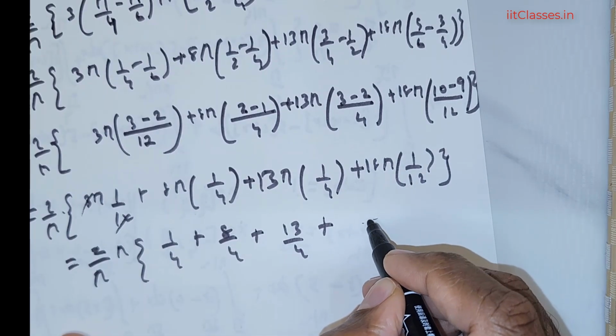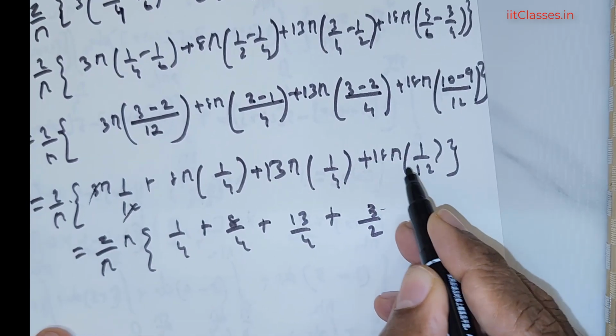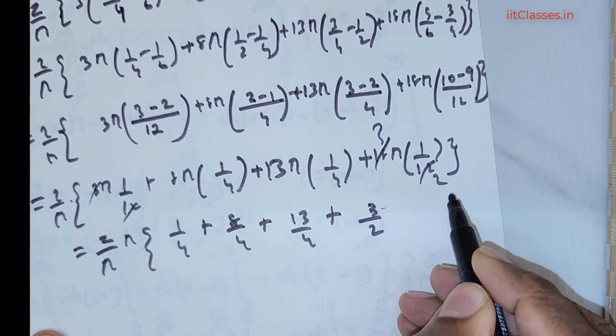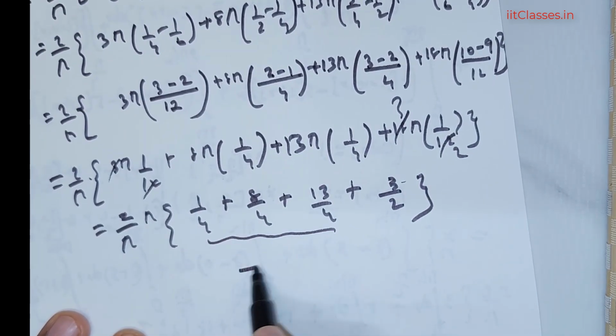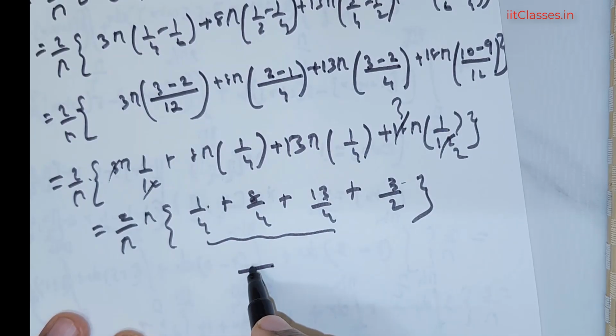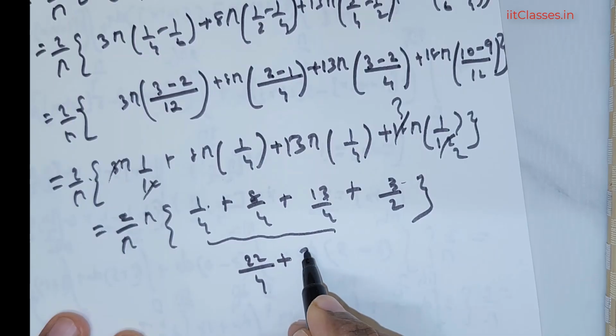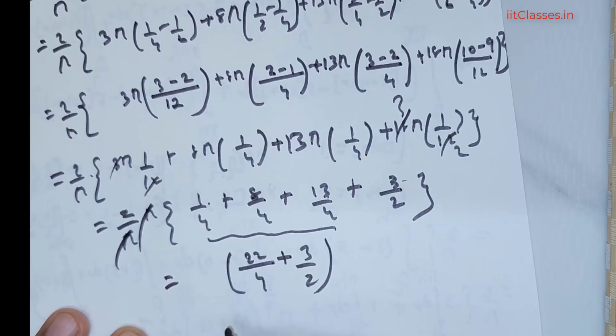Okay, so that would mean 3 over 2. 6, I'm using 6. 6 3s are 18, 6 2s are 12. Of course, for all these things, 4 is the LCM. So 8, 9, and that's 22. Positive 3 over 2. Pi gets cancelled.